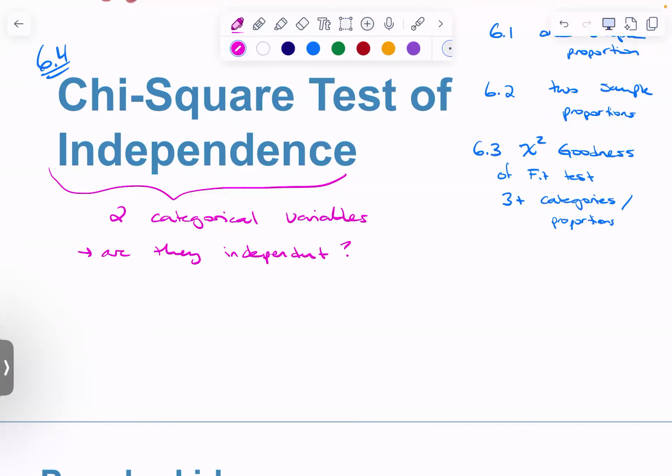Usually what that's going to look like, or always I should say, is a contingency table. We've seen a contingency table before, something like this, right?